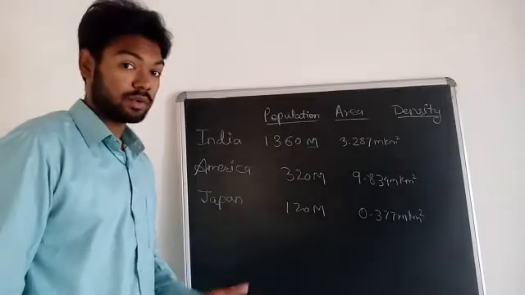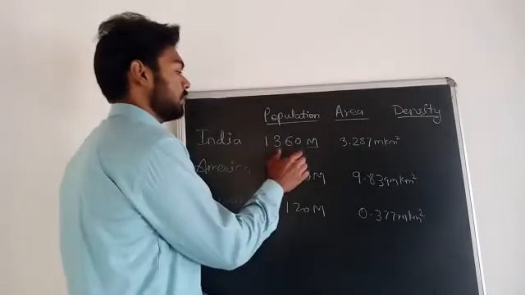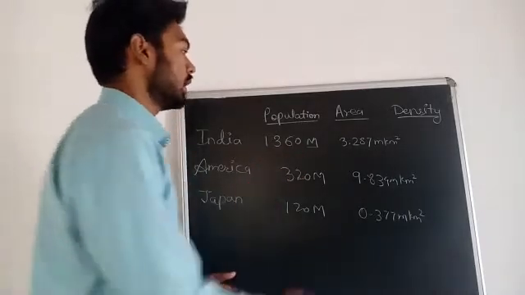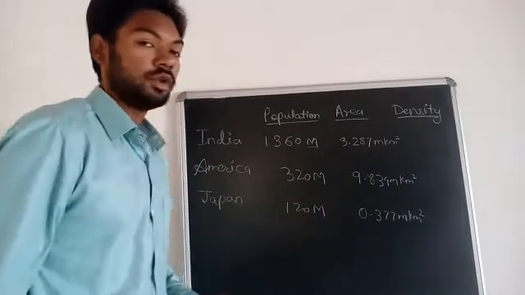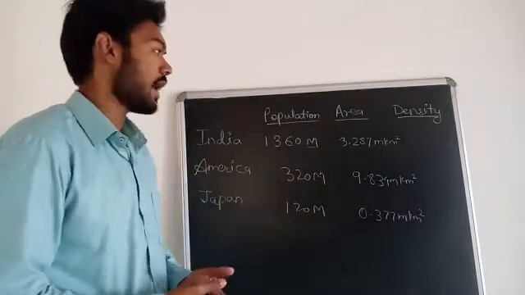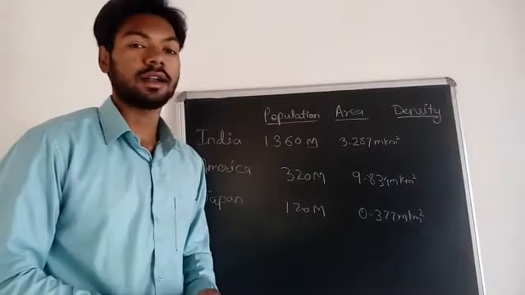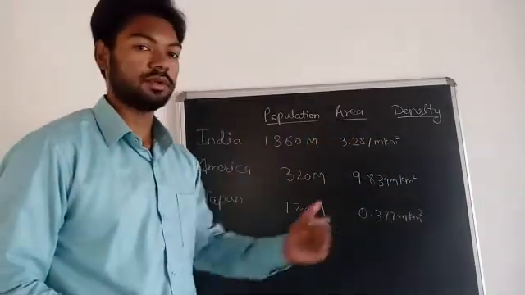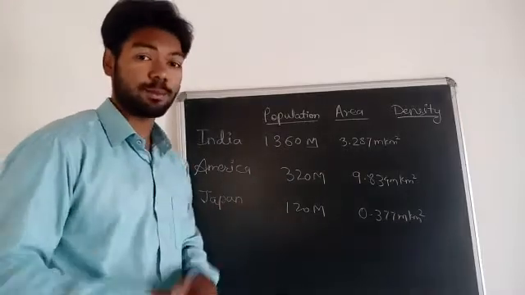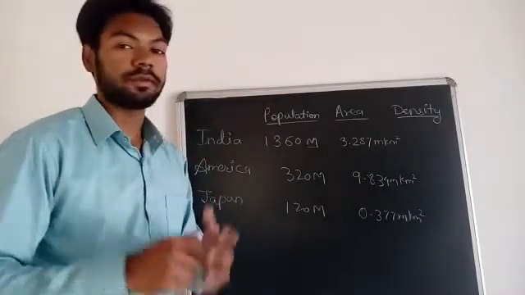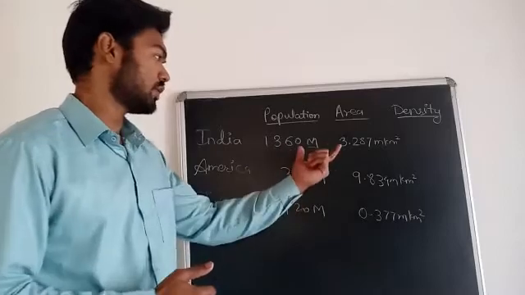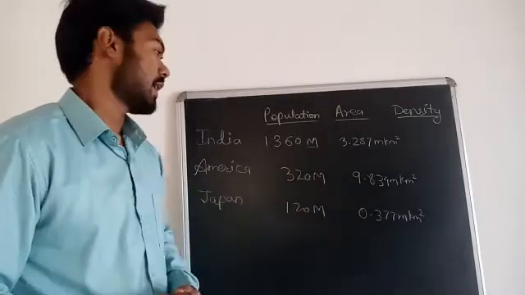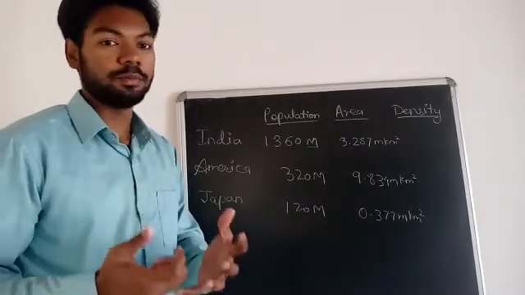Now what we have to do, as I told you, is the number of people living in a region divided by this number. So just take up your calculator and find the density of each country. Pause the video for a few minutes, do the calculation on your own first, and then resume.